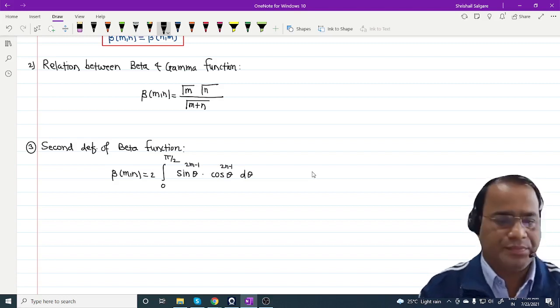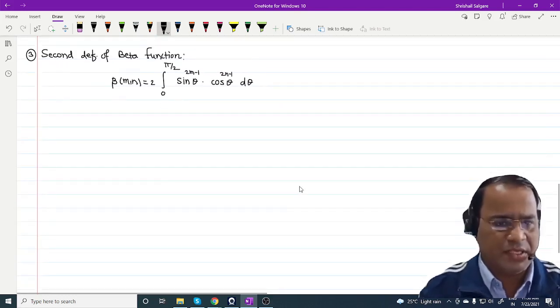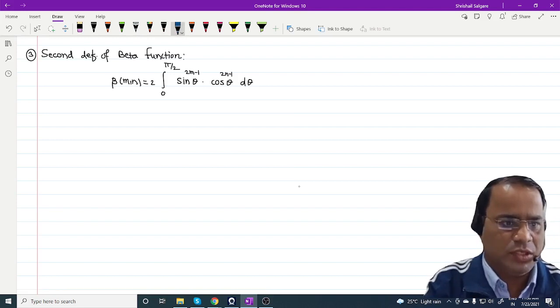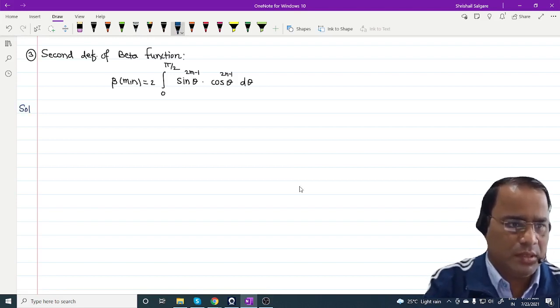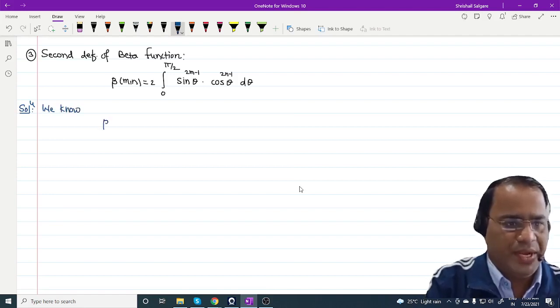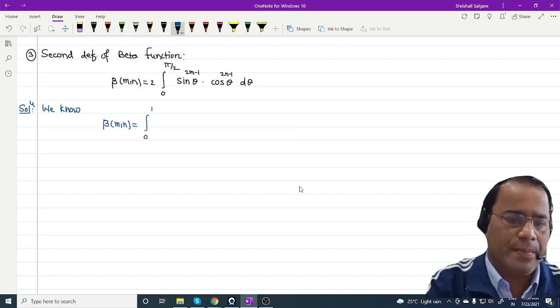Okay. Now let us continue with the proof of this. We know that beta of m,n is given by the integral 0 to 1 of x raised to m minus 1 into 1 minus x raised to n minus 1 dx.